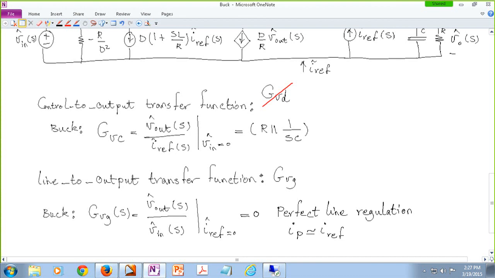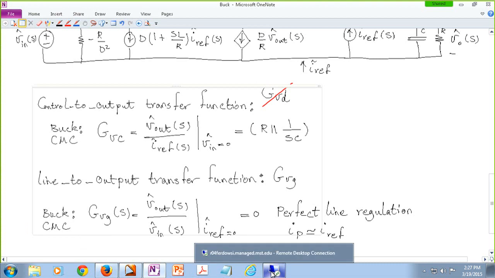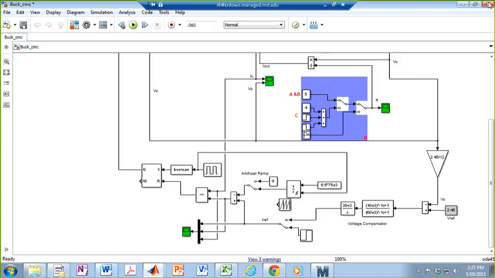Okay, so let's take a look at this. Let's try to verify GVG using CMC, by the way, I should add CMC here. That means we are looking at current mode control transfer functions. If this buck under CMC has a GVG that is almost zero.